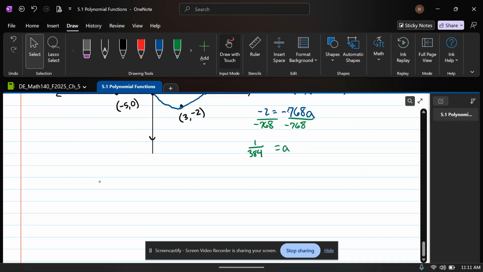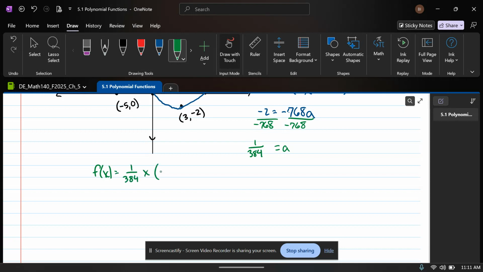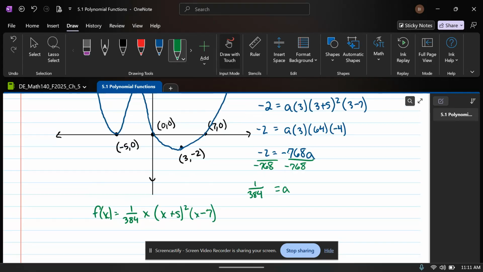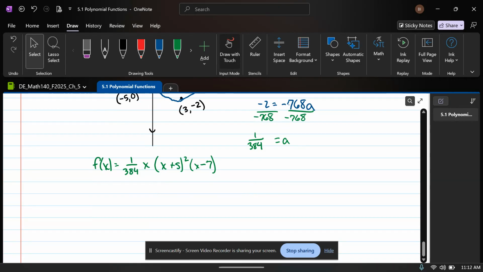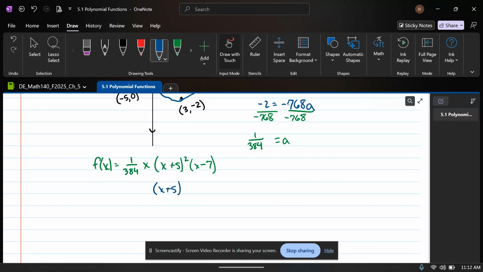So we know that we've got f of x equals 1 over 384 times x plus 5 squared times x minus 7, right? That's what we had up there. Yeah, x plus 5 and x minus 7. So we're going to multiply that out into standard form. So x plus 5 times x plus 5, and then we've got that x minus 7 that's got to go in there.